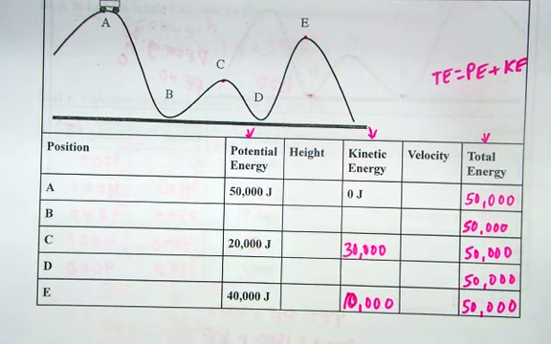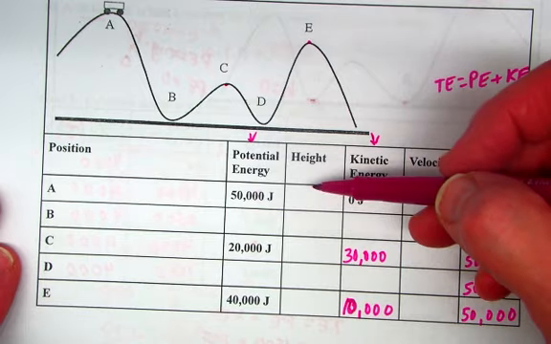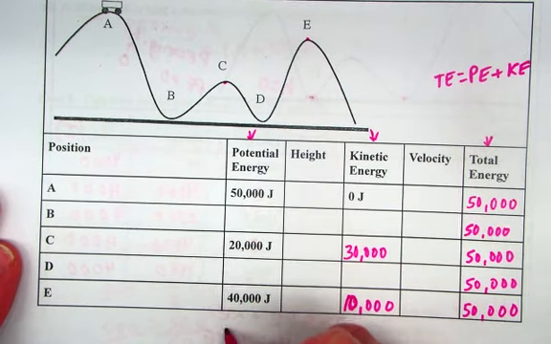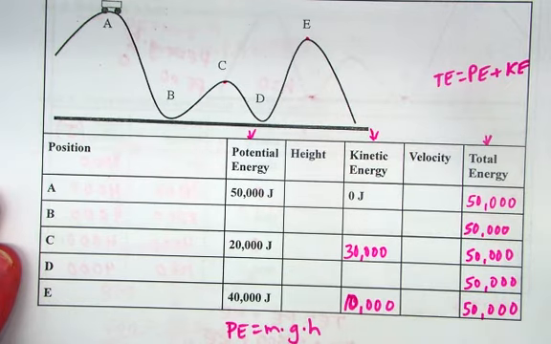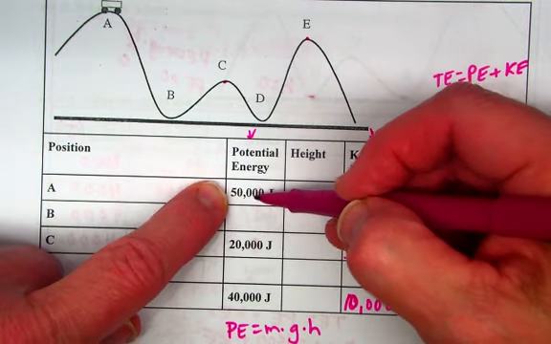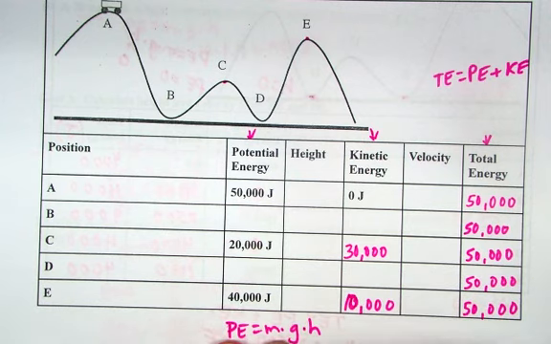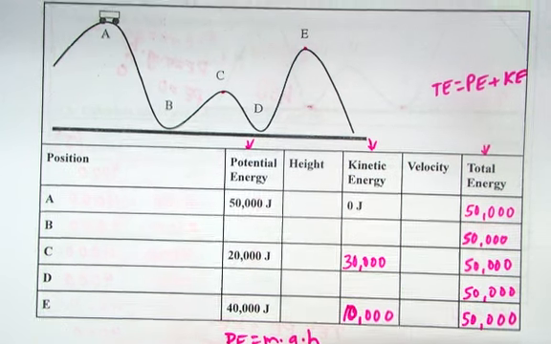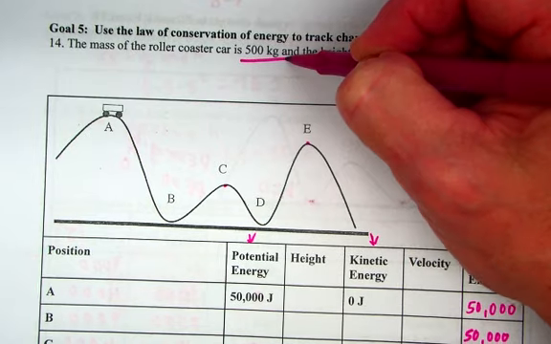So then you might wonder, how am I going to find height or velocity? Well, this is where you always go to the equation. If we look at the equation for potential energy, it's m times g times h. If they're giving you potential, right here, you need to know the mass. And sure enough, if you look at the top of the problem, they tell us the mass is 500 kilograms.